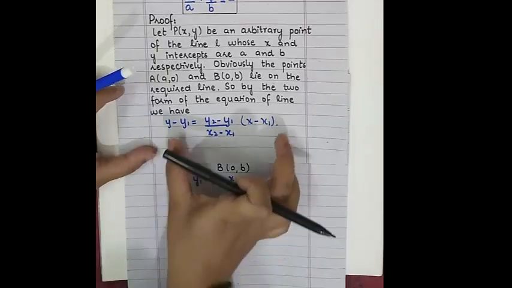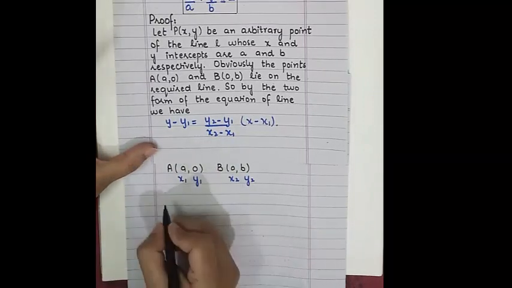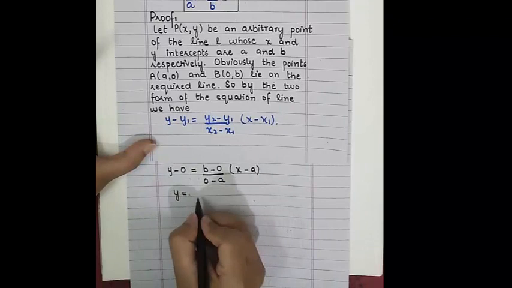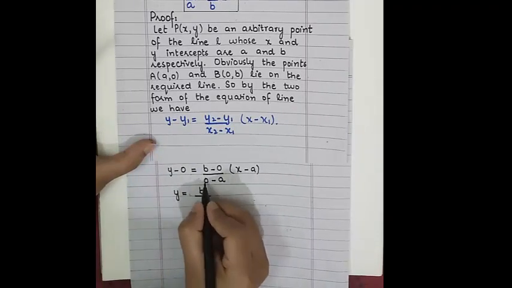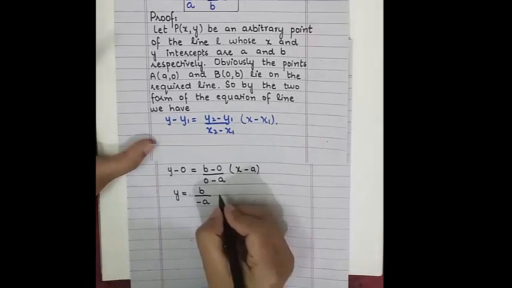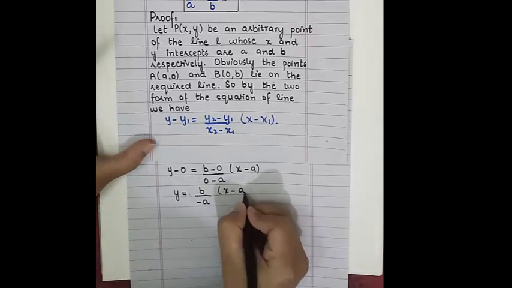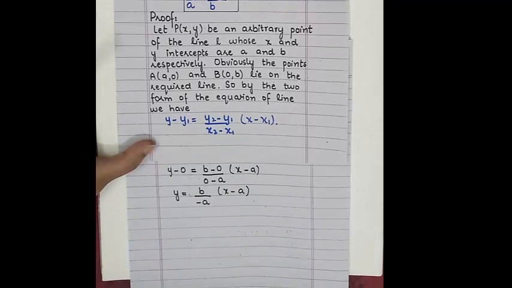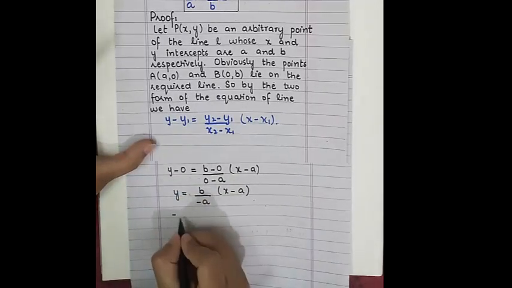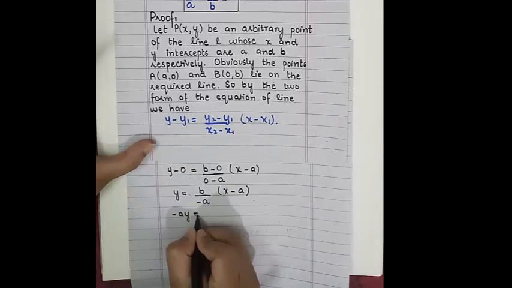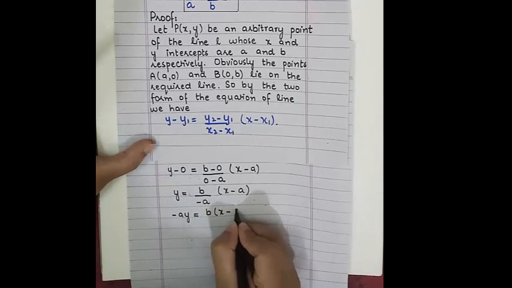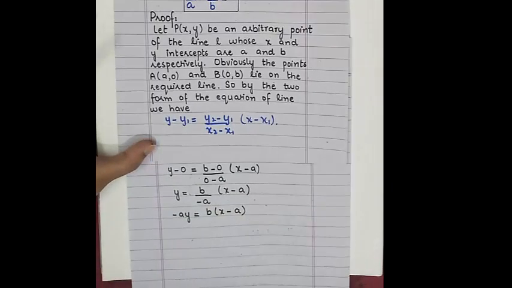So putting these values in this formula, we have y minus 0 is y, b minus 0 is b, 0 minus a means minus a, into x minus a. Now taking this minus a to the other side of equality, it becomes minus ay is equal to b into (x minus a).